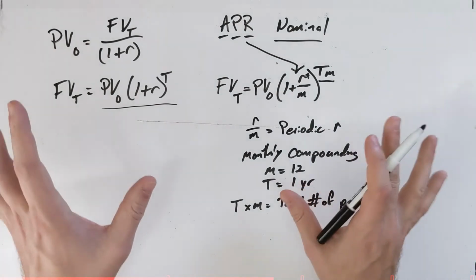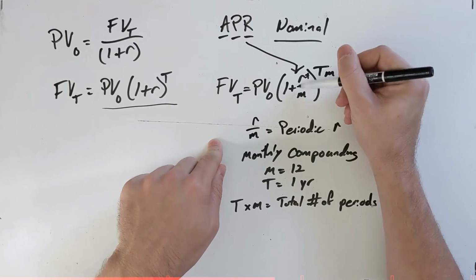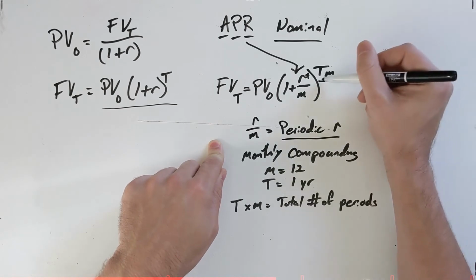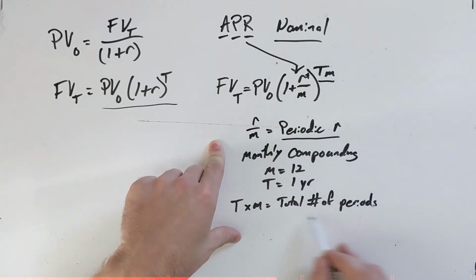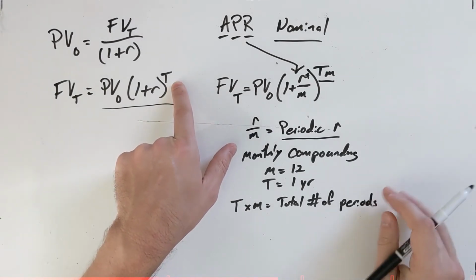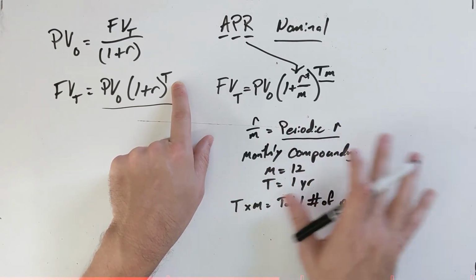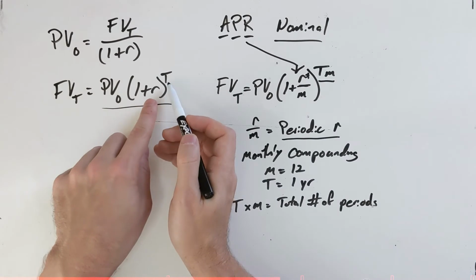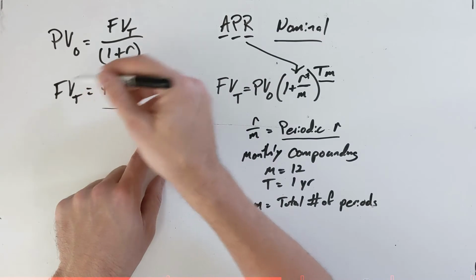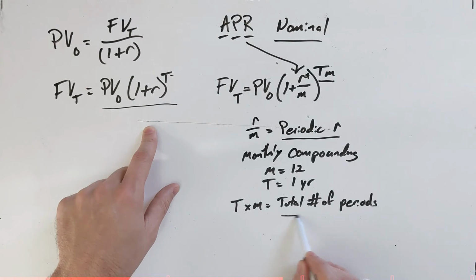And so a different way to think about what this is, it's just a way to calculate the real periodic r and to calculate the real number of time periods. Okay, because again, remember, this t, kind of arbitrary as far as how long does t stand for, right? What time period does t stand for? So it is actually this same formula, it's just that in this version, the way we've written it, t doesn't stand for years, it stands for total number of periods.